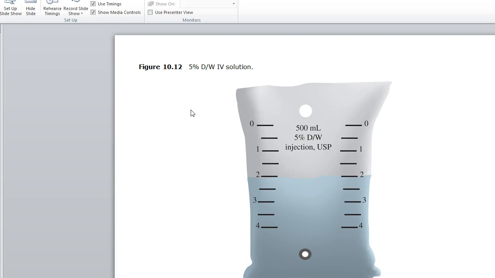And then, of course, fluid output would be anything that leaves the body. That could be urine, sweat, liquid stool, emesis, or any other kind of drainage. For instance, your patient had some kind of surgery and they might have a drain that's kind of collecting the drainage from the area or the wound. That would also be part of output measurement.